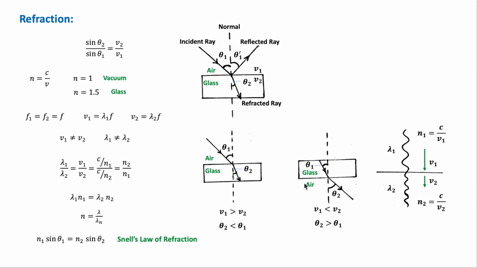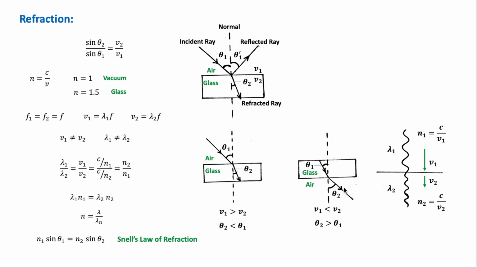But if the ray moves from a medium where it travels relatively slowly, like glass, to one where it travels faster, like air, then θ2 is greater than the angle of incidence, and the refracted ray deviates away from the normal.